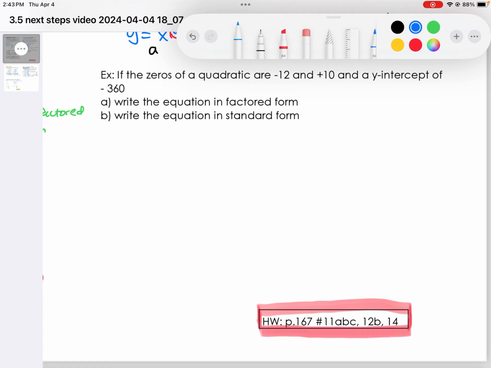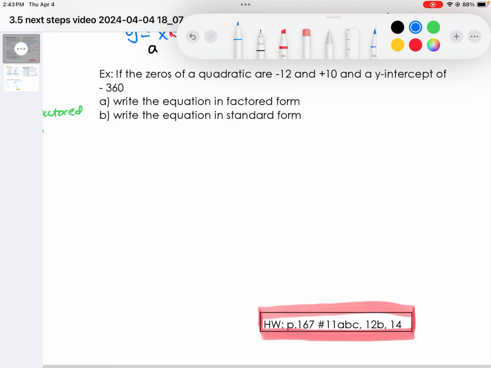So we did a question, what happens when you have the graph to get factored form? That's like 11, and then 12 and 14 are questions like this one. You're not given a graph. So if the zeros of a quadratic are negative 12 and positive 10, step number 1 for factored form is write that in.